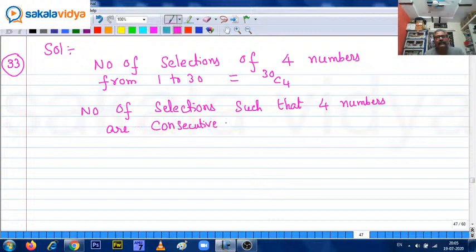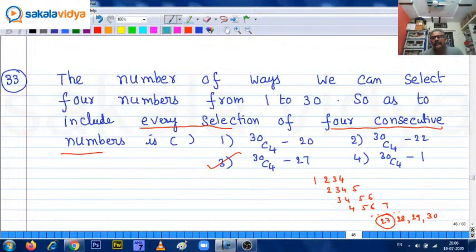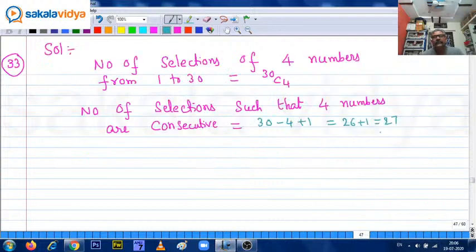For that I will give the logic. Here 30, you need to subtract 4 and add 1. That is 26 plus 1, 27. Even by writing them out we can say 27. Out of 30C4, 27 selections will have four consecutive numbers, which need to be included. Understood now?